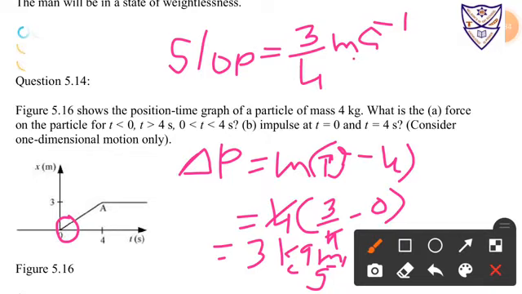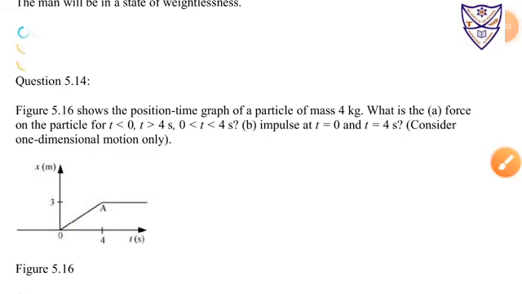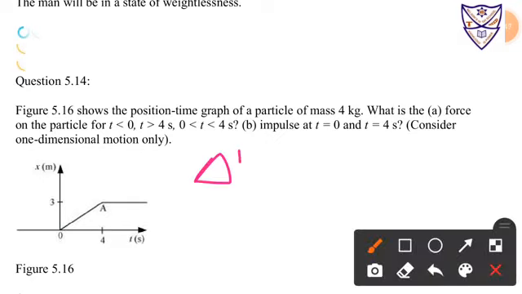Now we need to find the impulse at t equal to 4 seconds. Again I am writing the similar formula, delta p equals m, final minus initial.